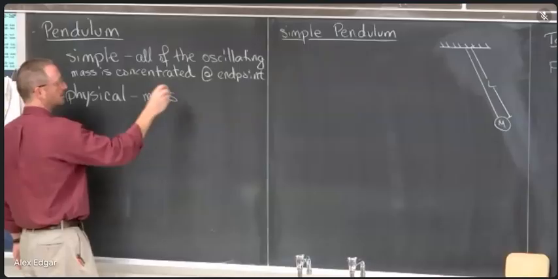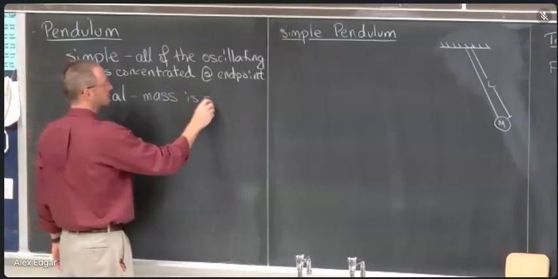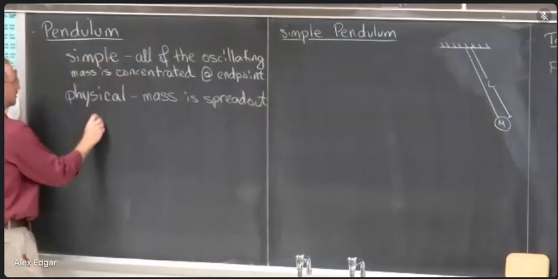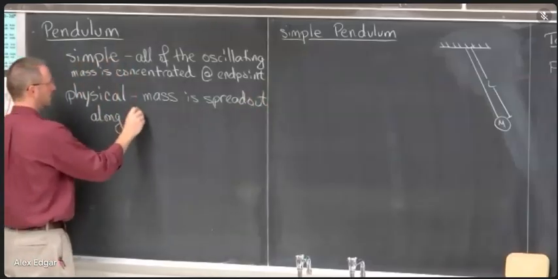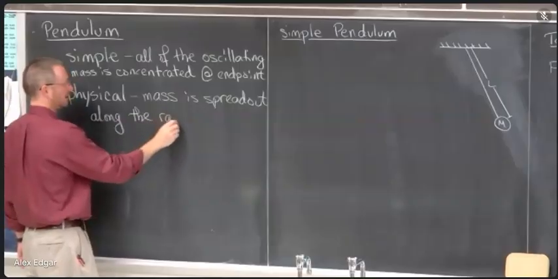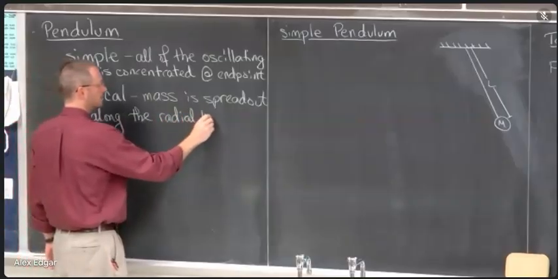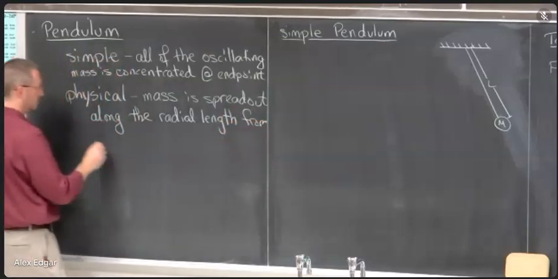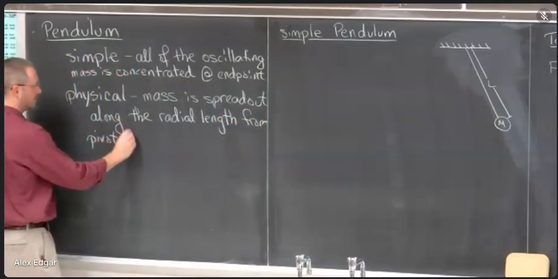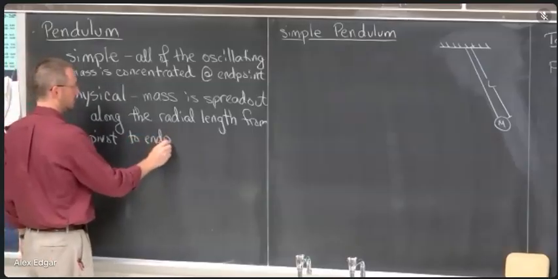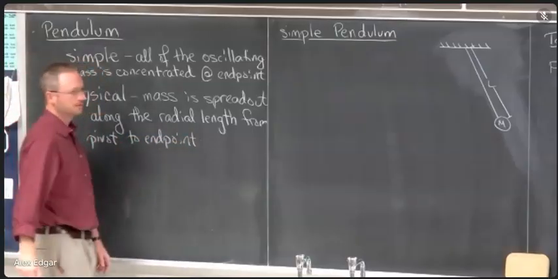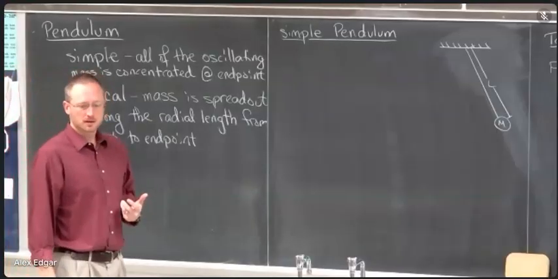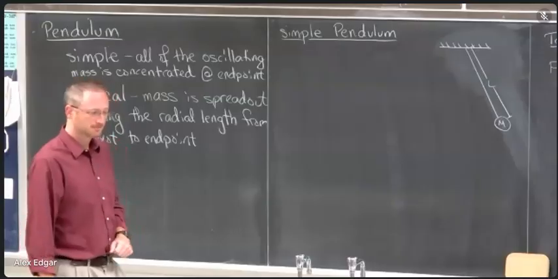is one in which the mass is spread out along the radial length from the pivot to the end point. And the result of that is that we have to account for that rotational inertia.